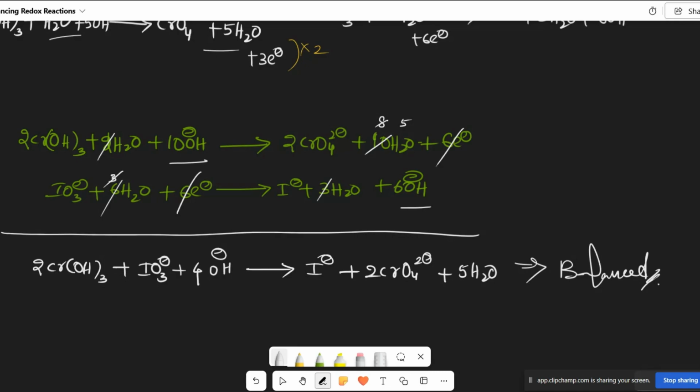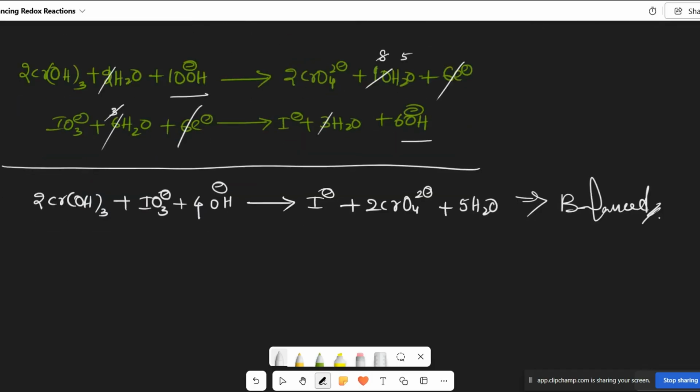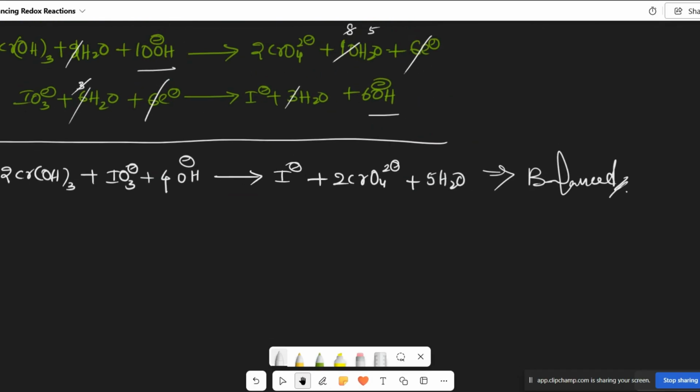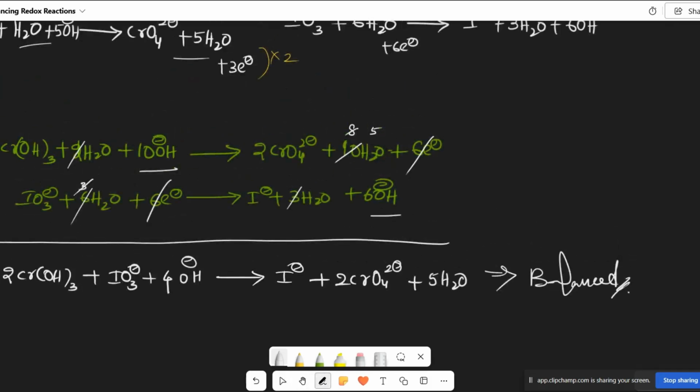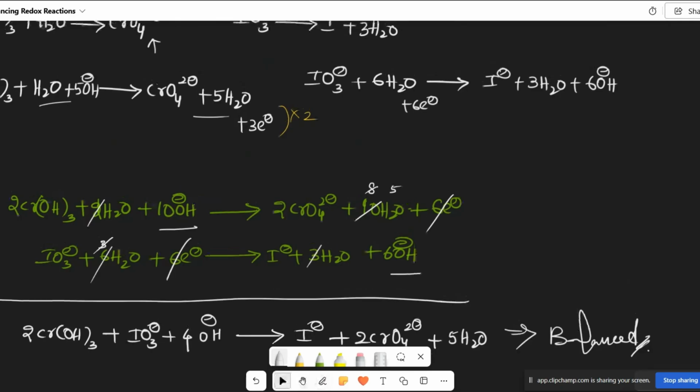You can apply this method anywhere and you'll get the solution. We can also solve a basic medium through acidic medium by simply adding OH negative on both sides. But if you want to do it without adding any H plus ions, then this is the best method that you can do.